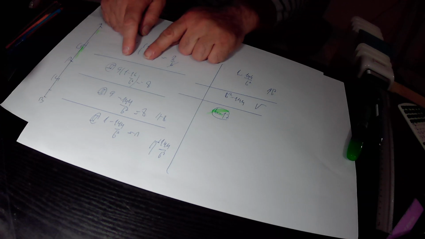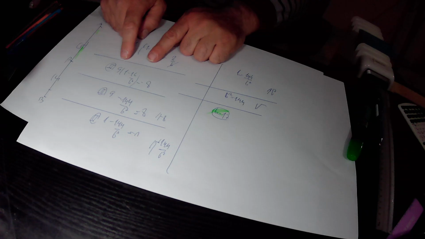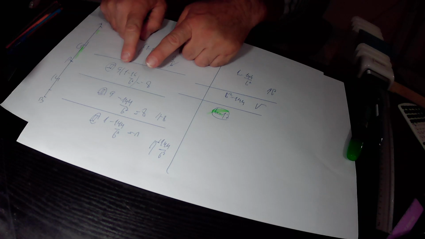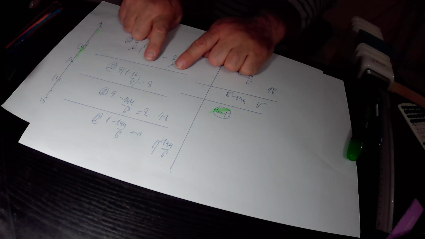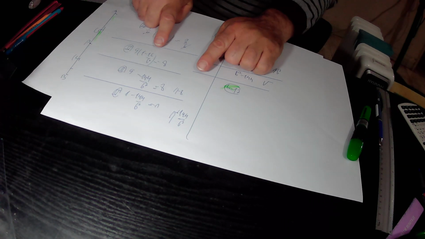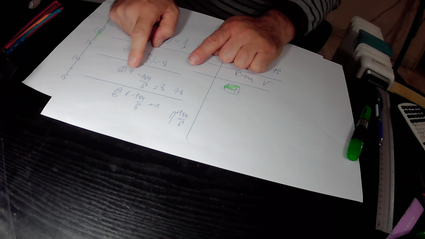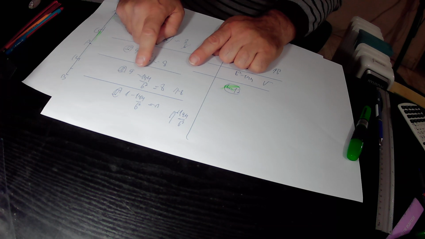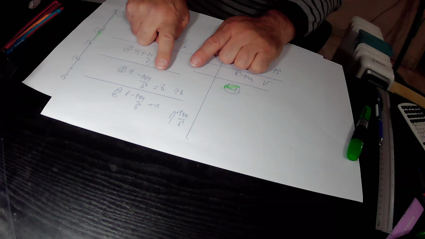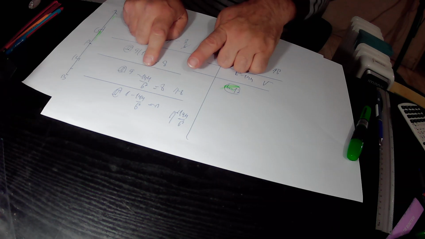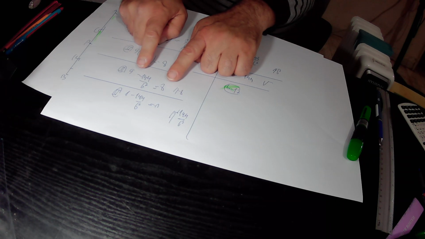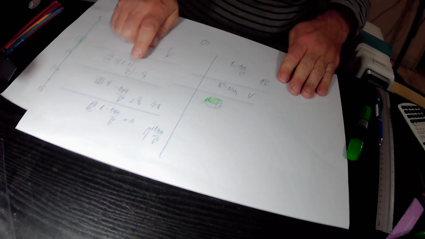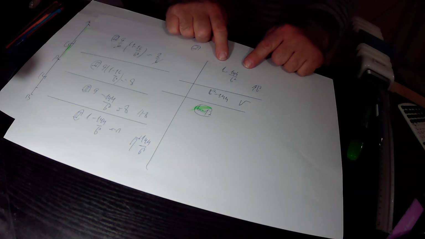Here we open the brackets, so we have 9 times 1 is 9, and 9 times 16 is 144 over B squared, equals 8. Here we subtract 8 from this equation, and 9 minus 8 is 1, so 1 minus 144 over B squared equals 0. Then we add 144 over B squared to both sides, and I found that 1 equals 144 over B squared.